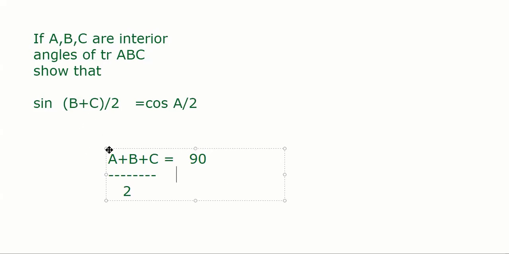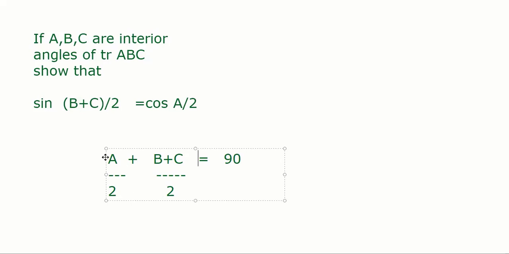हमको चाहिए क्या? (B plus C) by 2. तो I can split this. I can write this as A by 2 plus (B plus C) by 2 equal to 90. Can I say? Yes, sir.